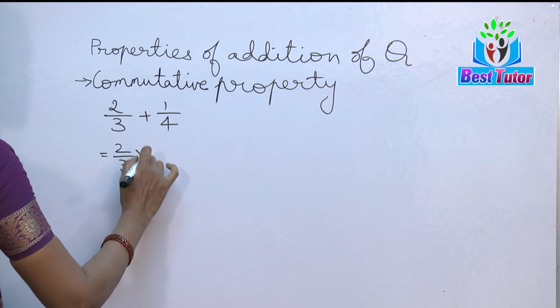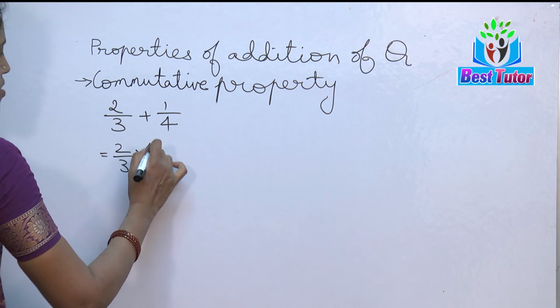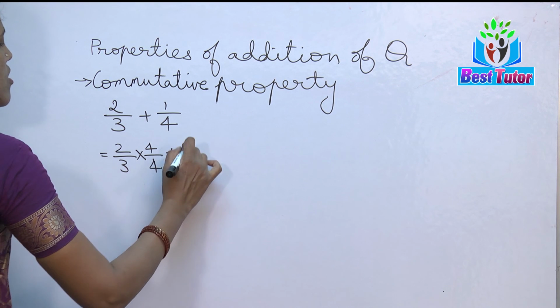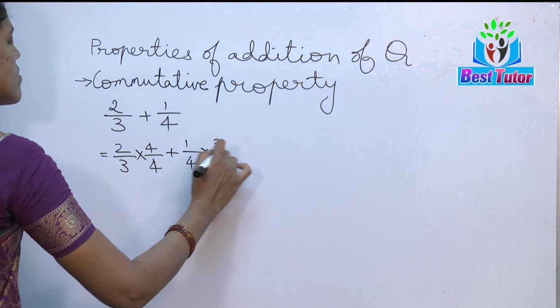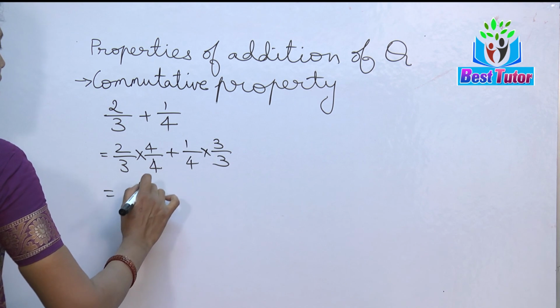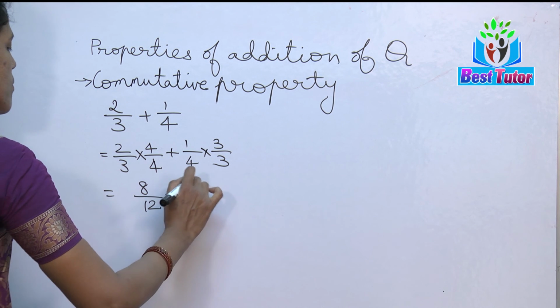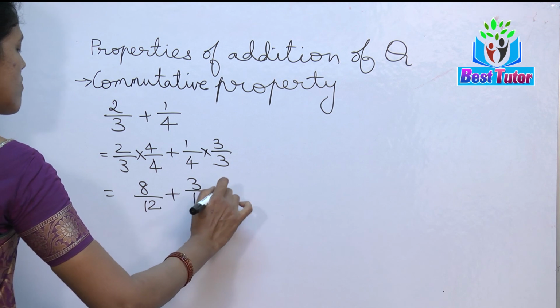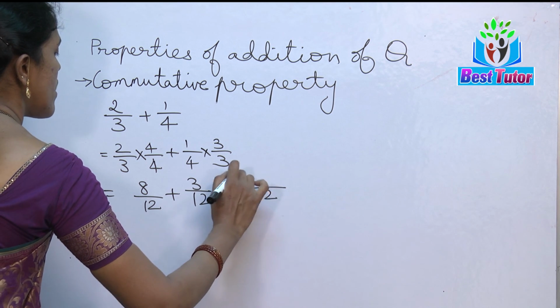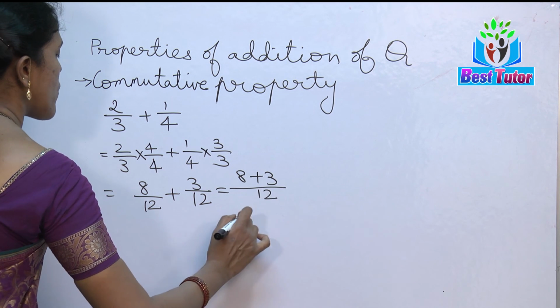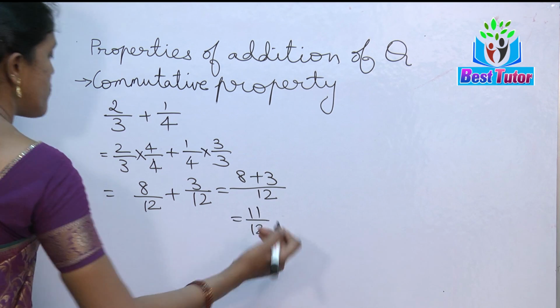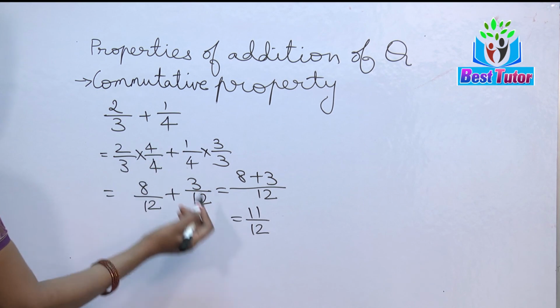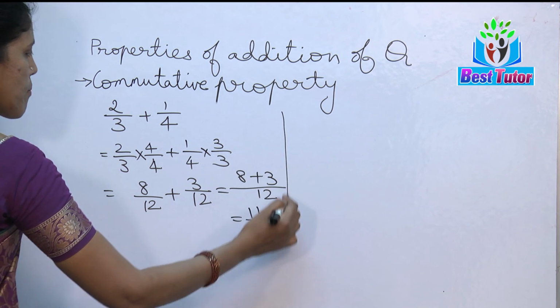So, we need to multiply both the numerator and denominator with a suitable factor. We get 8 by 12 plus 3 by 12, which is equal to 8 plus 3 by 12, that is 11 by 12. So, 2 by 3 plus 1 by 4 is equal to 11 by 12.